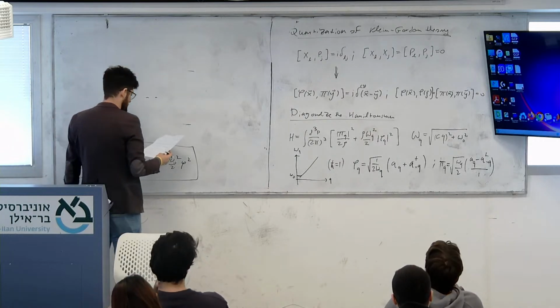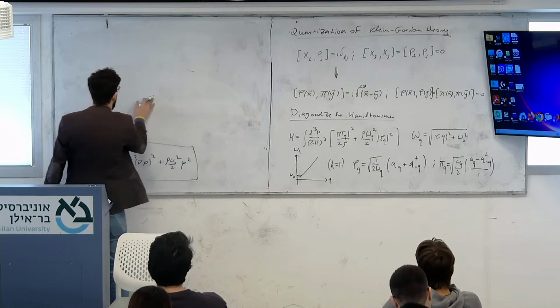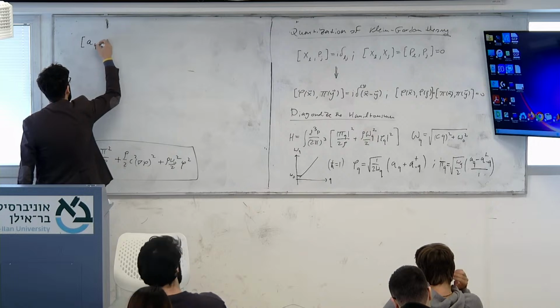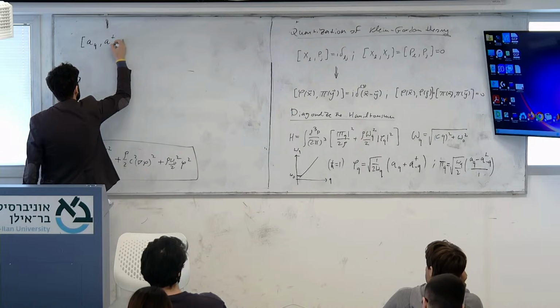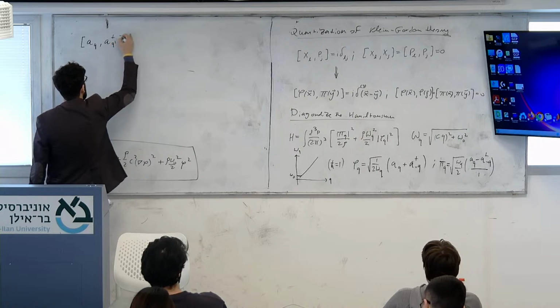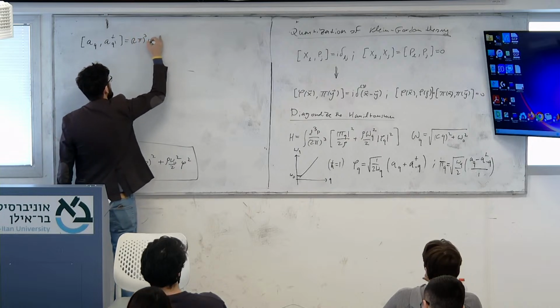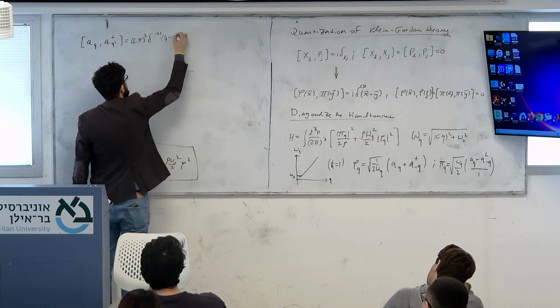And then under this transformation, right, we have that a of q, a dagger of q prime, for example, is 2 pi cubed delta 3 of q minus q prime.